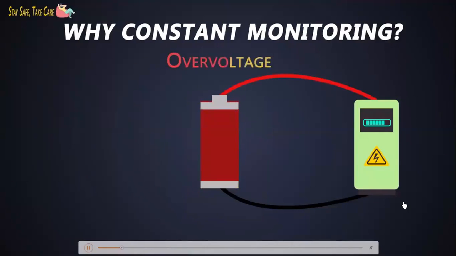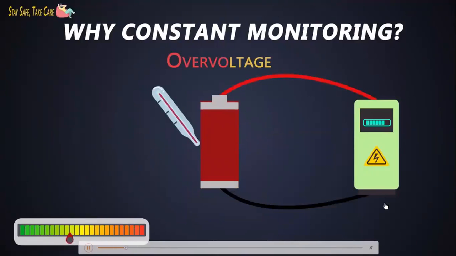If we don't do so, then we won't be able to come up with the battery pack, and destroying the battery pack will be the ultimate thing. As we are going to discuss the electric vehicle, when a battery is charging, we have to apply voltage and current to it.